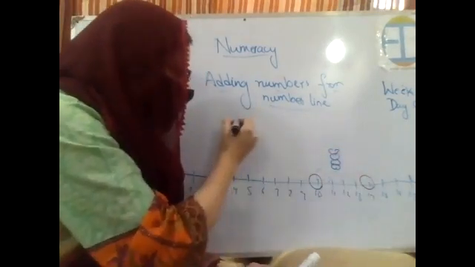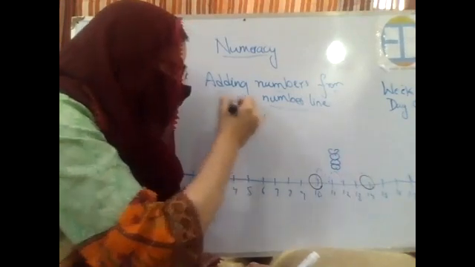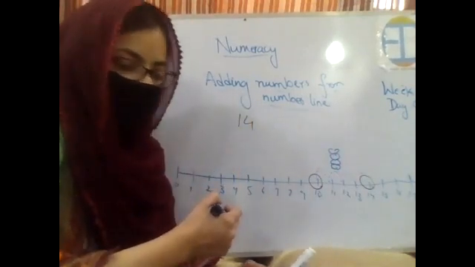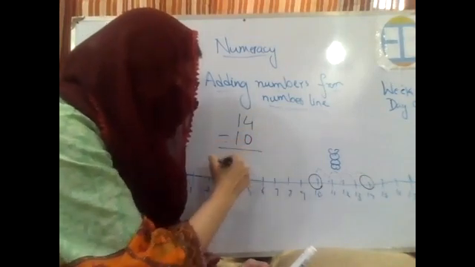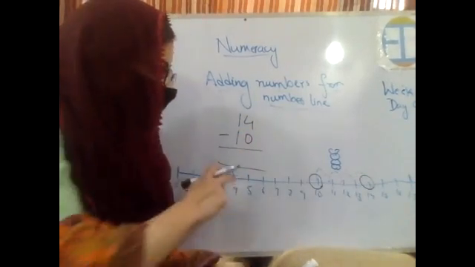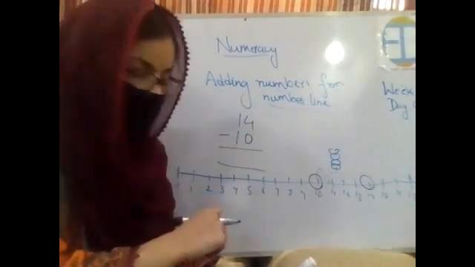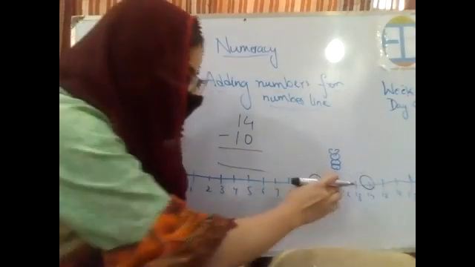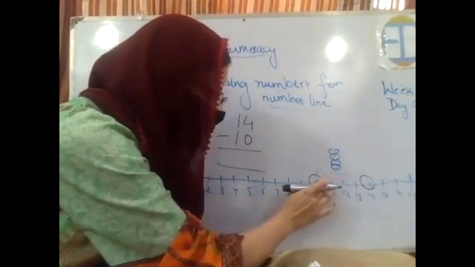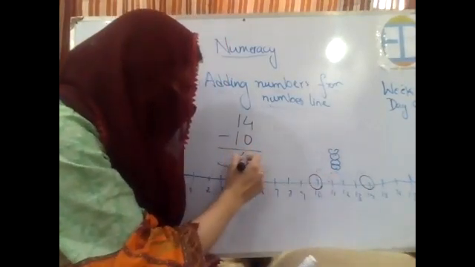So first we will write the number from where the teddy bear starts, and then we will subtract the number where it ends. Now, how will you find the difference between the two? You will count the numbers which come in between 14 and 10. So count them: 1, 2, 3, 4. This means that the answer is 4.